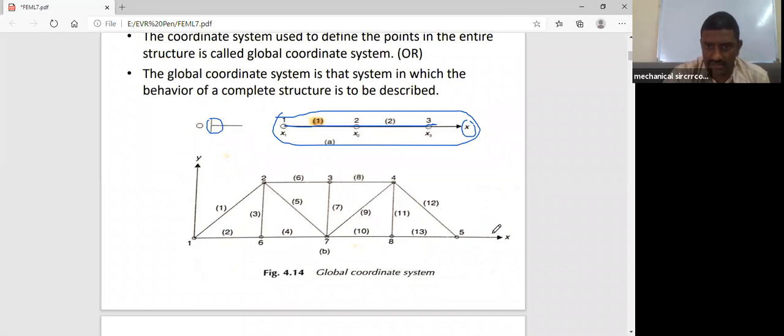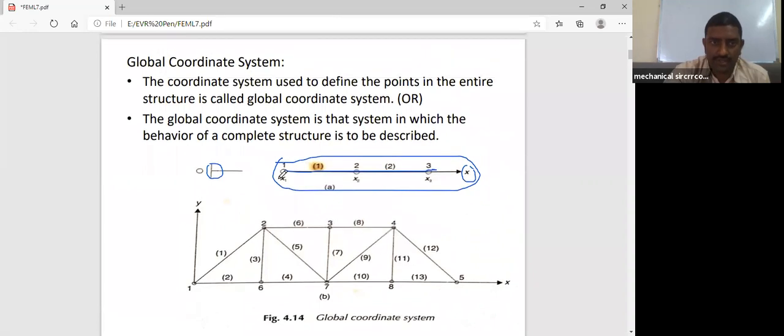With reference to this global coordinate system x and y, we can locate the points on the structure, and also describe the field variables, displacements and force components. So the global coordinate system is the system in which the behavior of the complete structure is to be described.